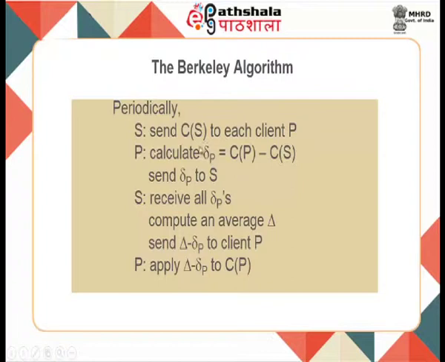Each client calculates the difference between its own time and the time server's time and sends this value, delta P, to the time server. The time server computes an average of the deltas, calculates a per-process adjustment, and sends that adjustment to every client, and the clients' values will be the adjusted values.